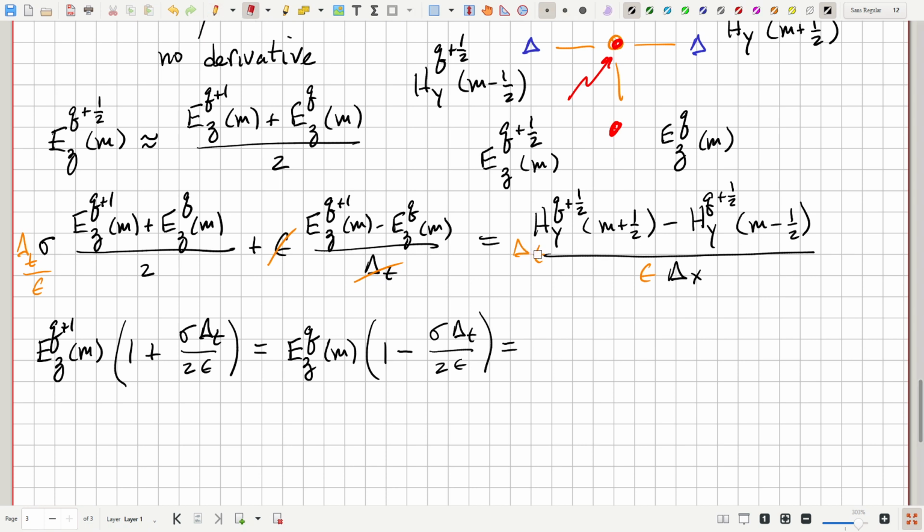And then over here, we're going to have delta t over epsilon delta x.